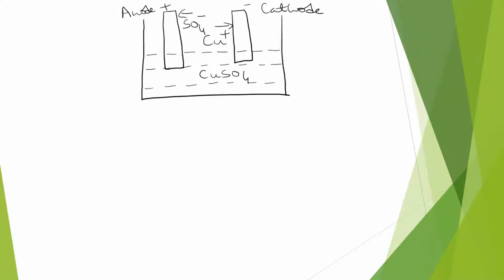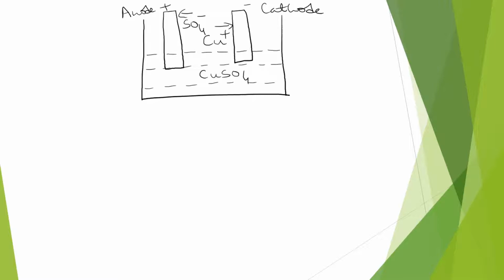So the electrodes which are placed in the solution are positive, one is anode, and one is negative, cathode. So the positively charged copper ions move towards the cathode and negatively charged sulfate ions move towards the anode.